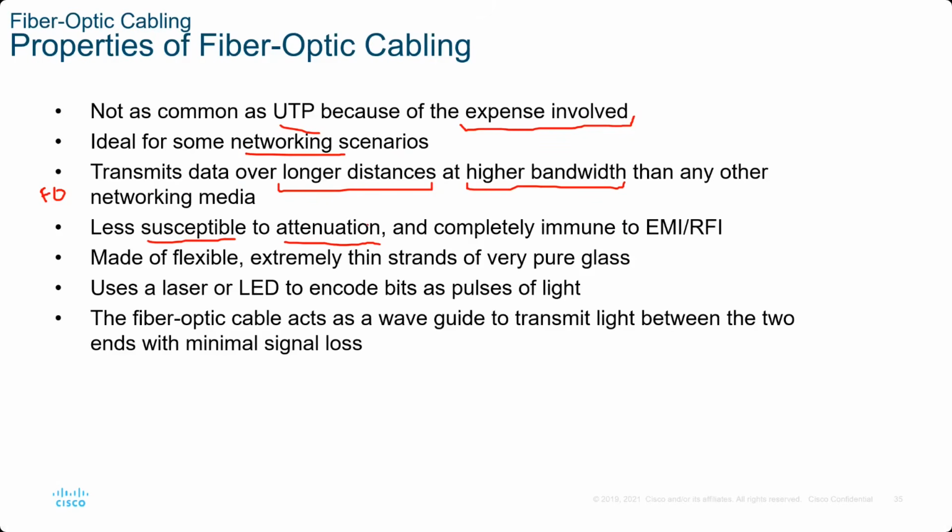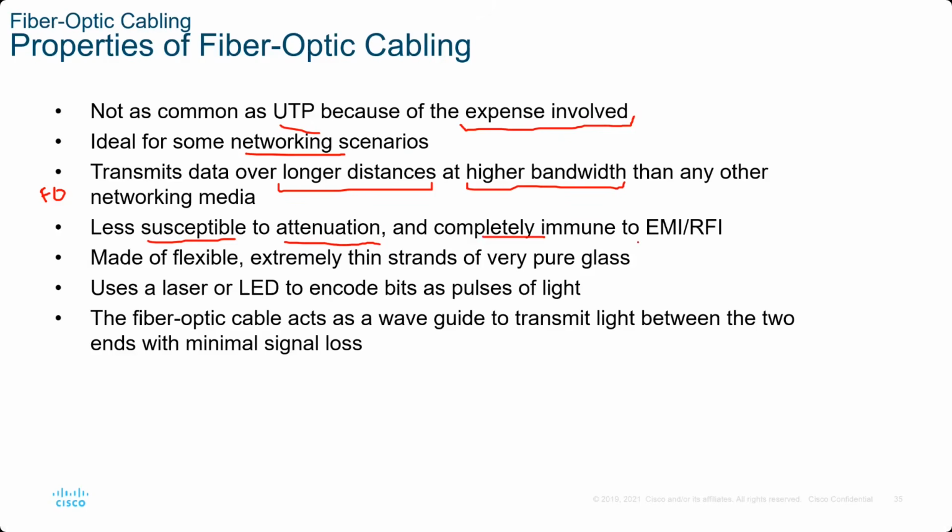You can create 500 meter and 1 kilometer, and there are some testing being done for 100 kilometer fiber optics as well. The attenuation problem is less, meaning once you send a pulse of light in fiber optic, that pulse of light can go a very long way without losing much of its power.